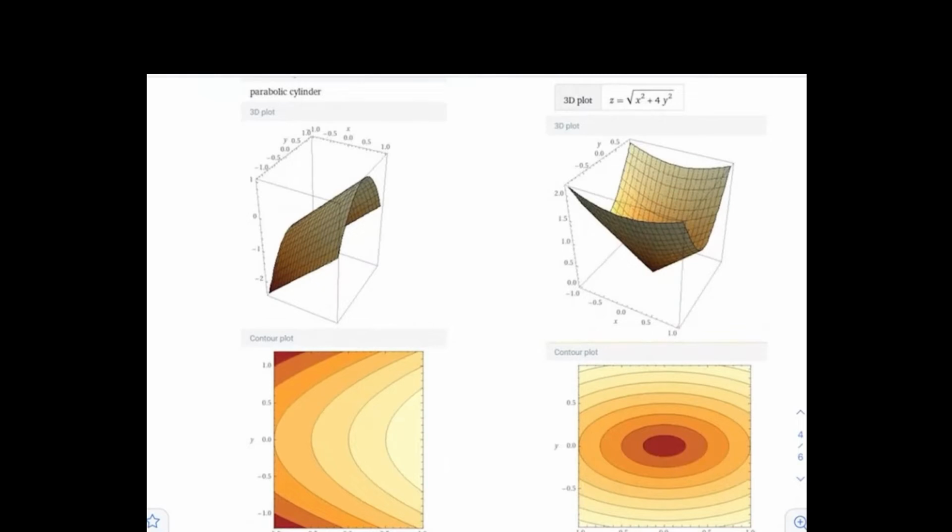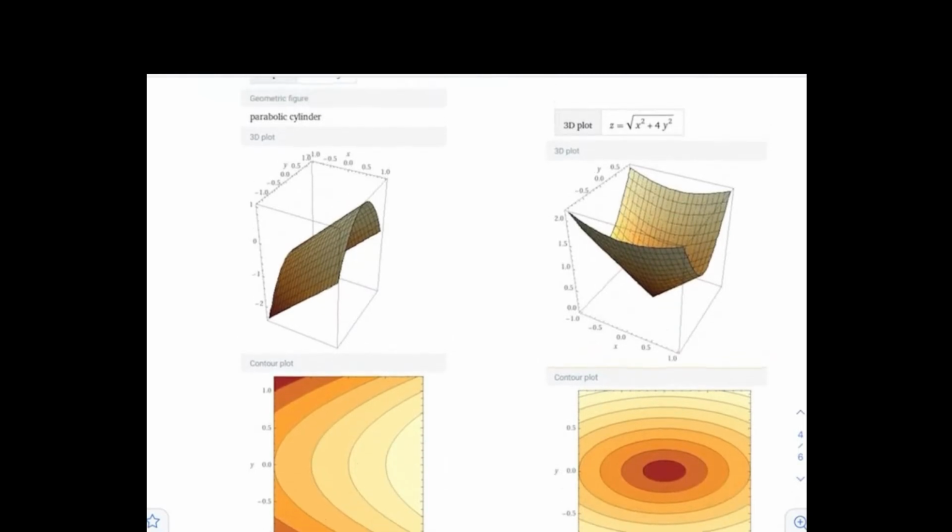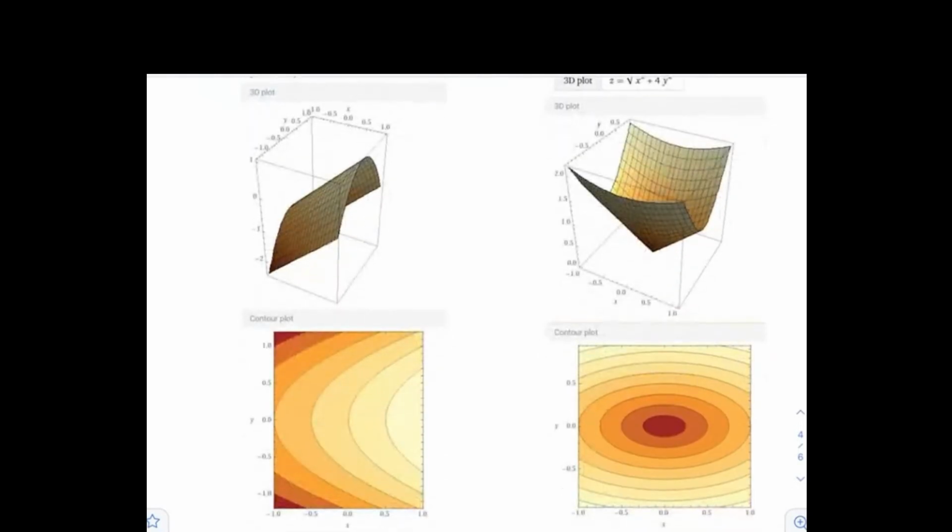Okay, so here's your first example where we have this parabolic cylinder and our parabolas, and you can see how they're shifted, right? Of course they have different values that they pick, but the idea is the same, right? Okay, and they select lighter color for larger values of z.